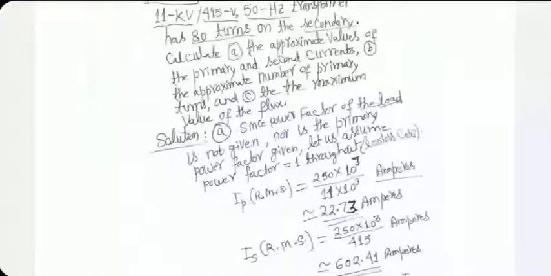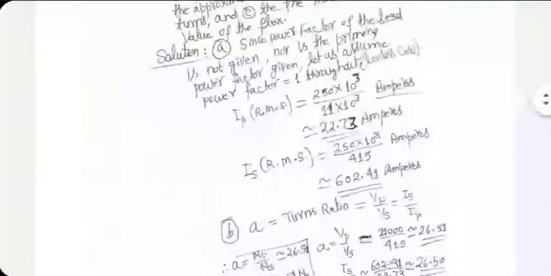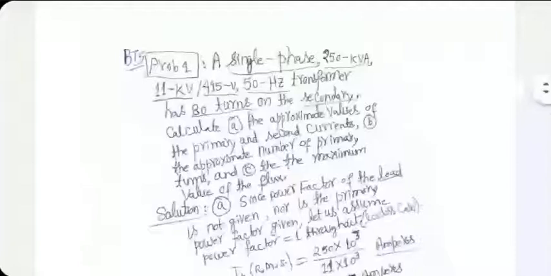The value turns out to be 22.73 amperes approximately. For the secondary current also, you take 250 kVA, but now you divide it by 415 volts. This is how you get the secondary current. You are basically interpreting the information given on the nameplate itself.